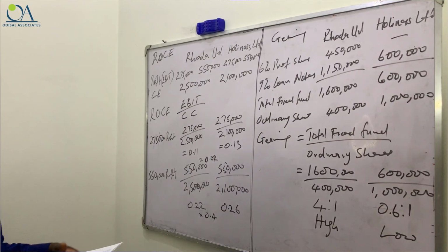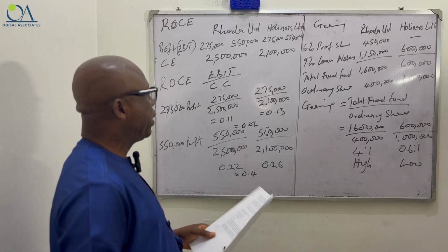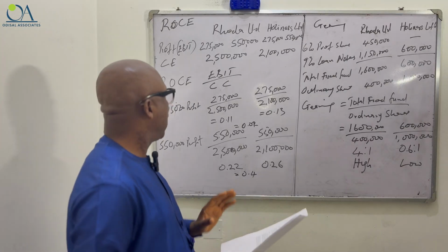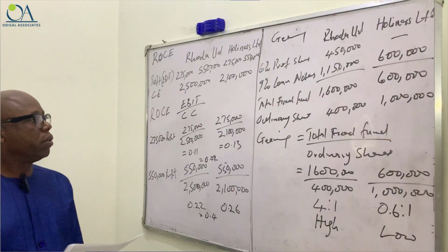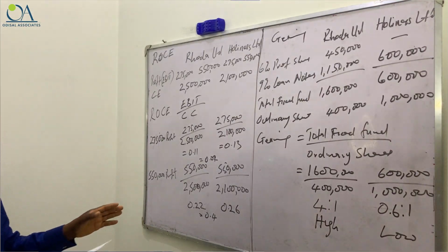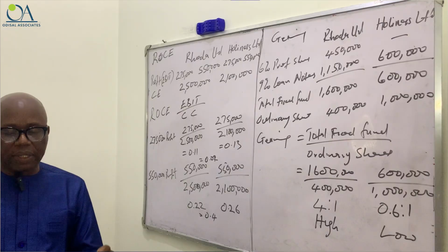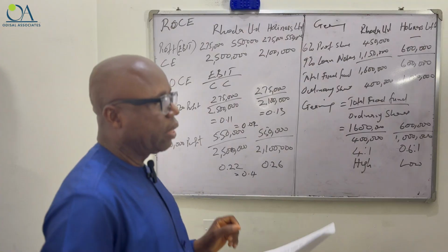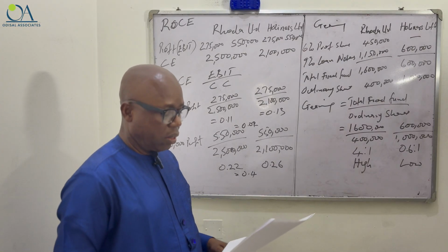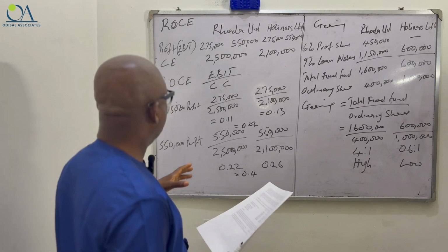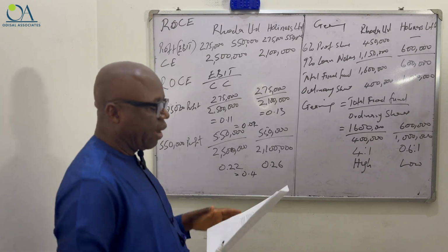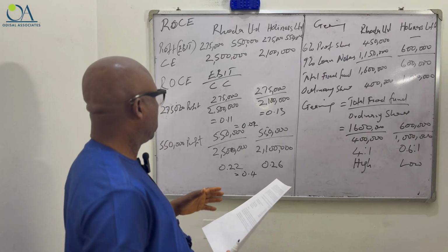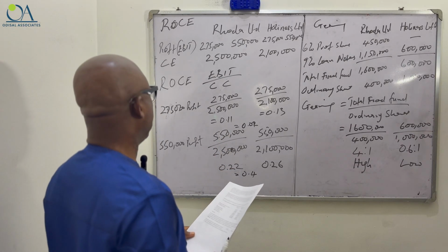So the profits before interest and tax have already been stated. In Rhoda and in Holiness, they have the same profit before interest and tax. And the first scenario is 275,000 for each of the companies.